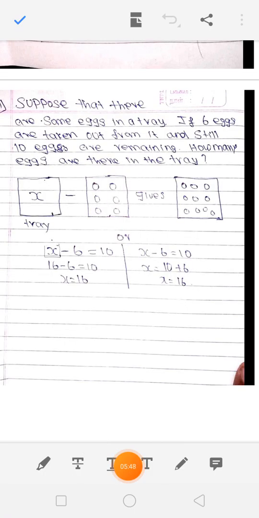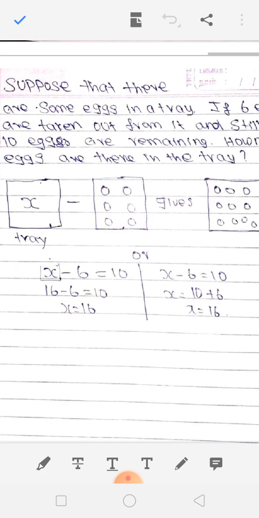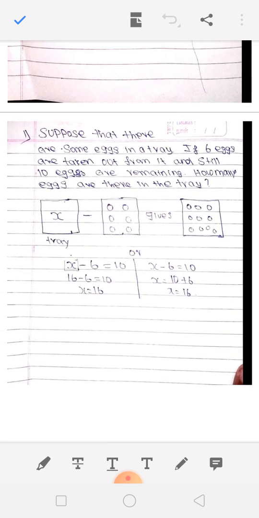Okay, this example. Listen carefully. Suppose that there are some eggs in a tray. Some eggs means we don't know how many total eggs are in the tray. If 6 eggs are taken out from it, I'm going to take 6 eggs from the tray, and still 10 eggs are remaining in the tray.